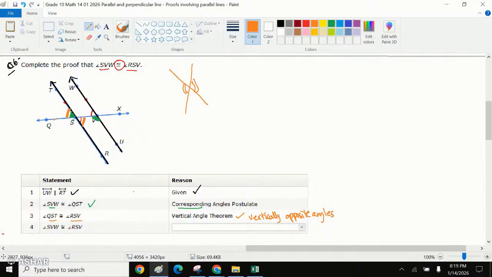Okay. So the last statement says SVW, sorry. SVW is this angle, and RSV is this angle, right?